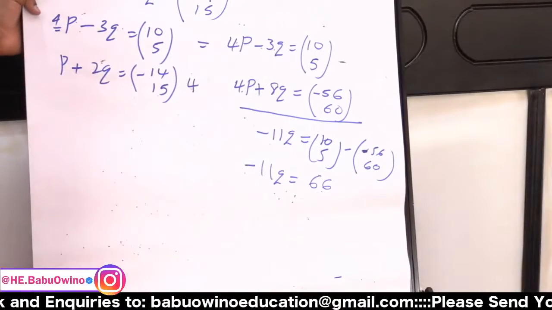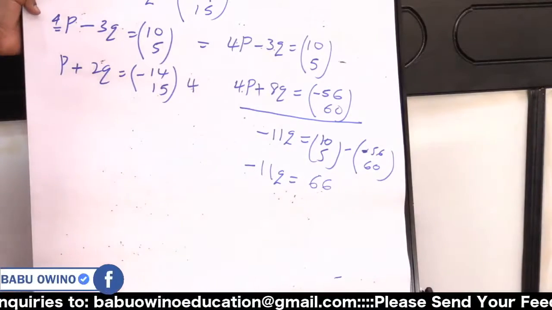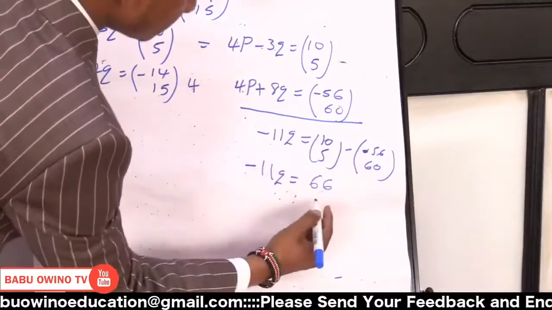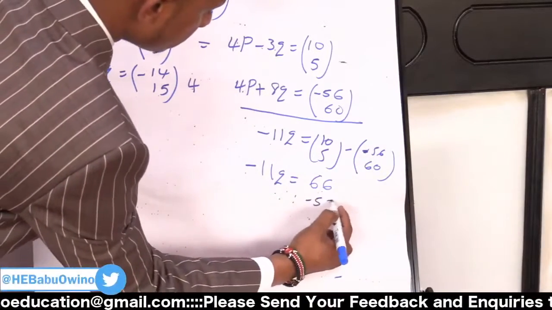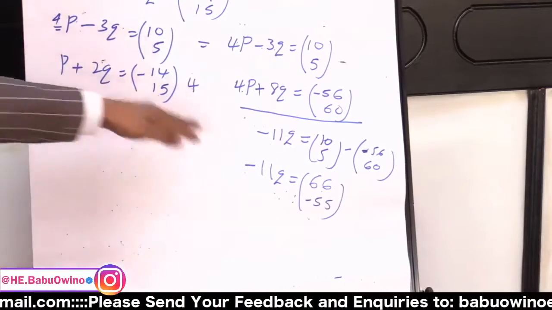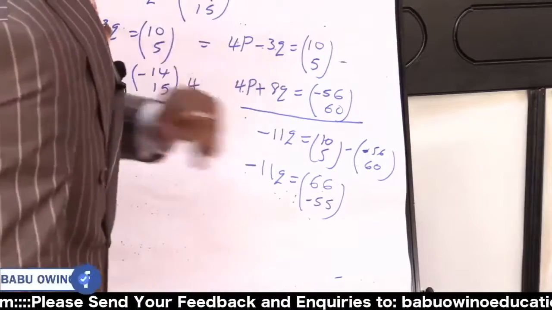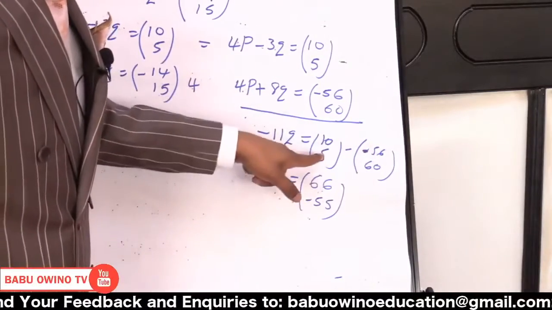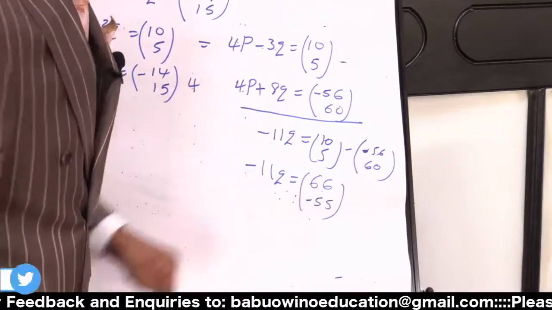Okay? And then 5 minus 60 is minus 55. You be careful with the signs. 10 minus 56 is minus 66. Good. 5 minus 60 is minus 55. Good.